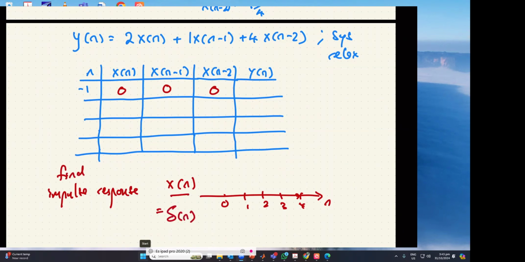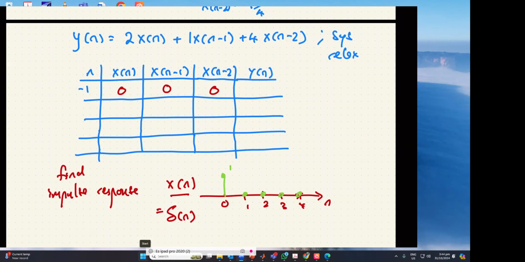What does delta n look like? It spikes. Yes, it's not a spike actually. You must be very careful. It is 1. And it is not a spike. In continuous time, it's a spike to infinity. But in discrete time, it is 1. And then you're right, the rest are all 0.